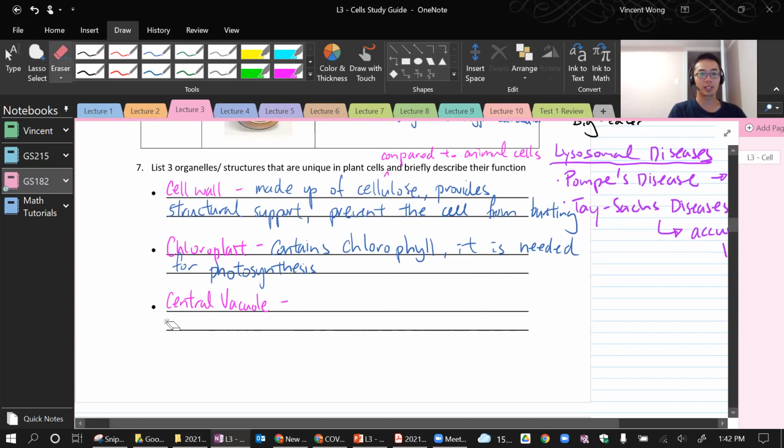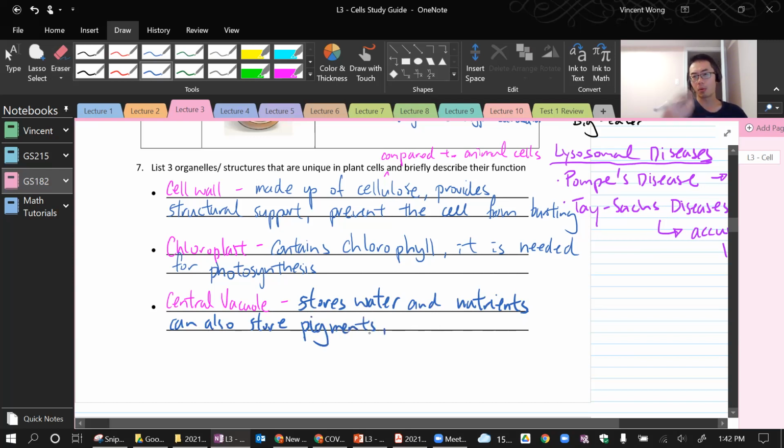Next, central vacuoles. What does that do? Well, it stores water and nutrients. And sometimes it might also store pigments. Pigments are like color, right?